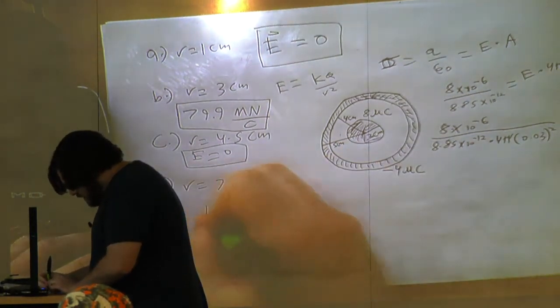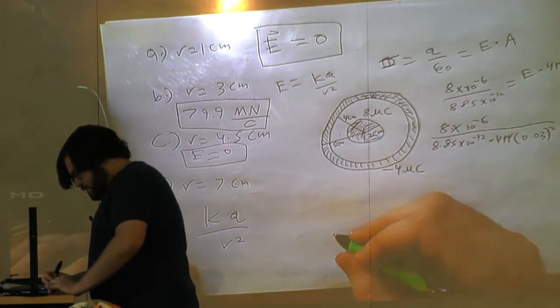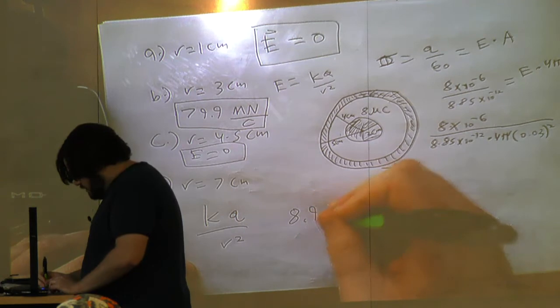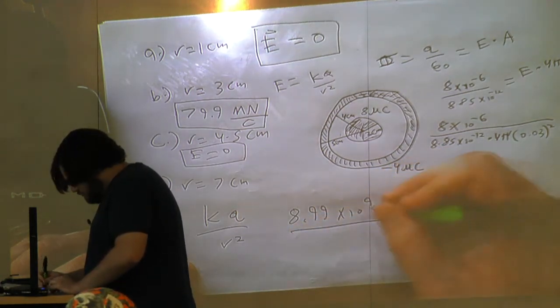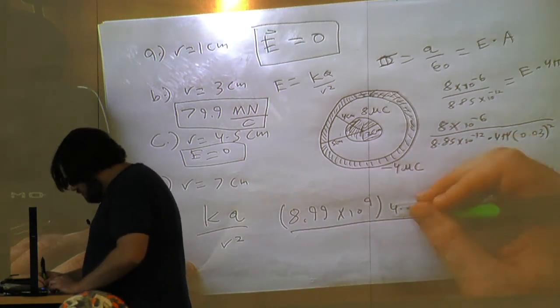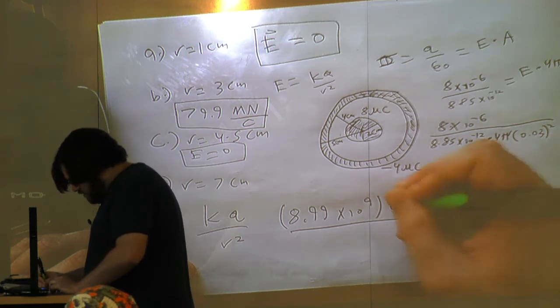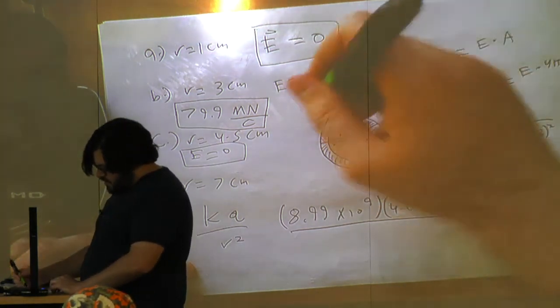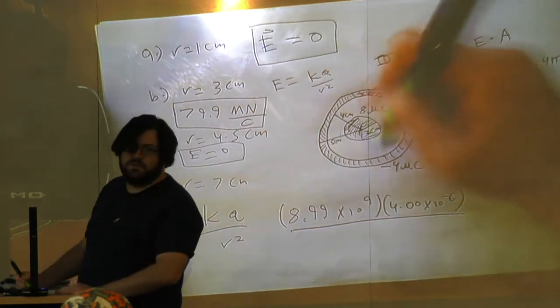So if I use KQ over R squared, I have 8.99 times 10 to the 9th multiplied by 4 times 10 to the negative 6. Now, if you're wondering where that came from, if I have 8 positive and 4 negative, that leaves me with 4 positive.